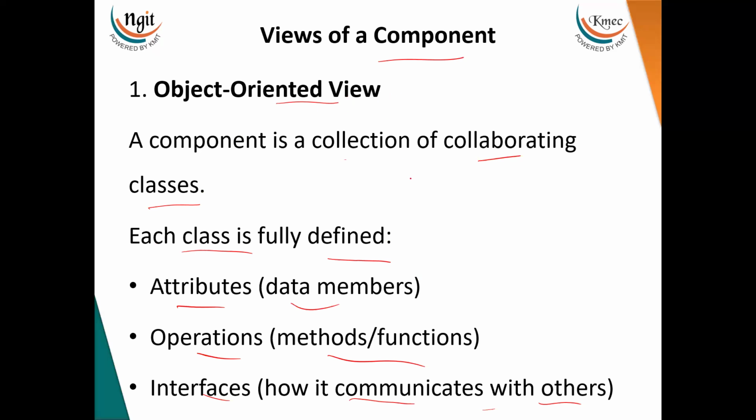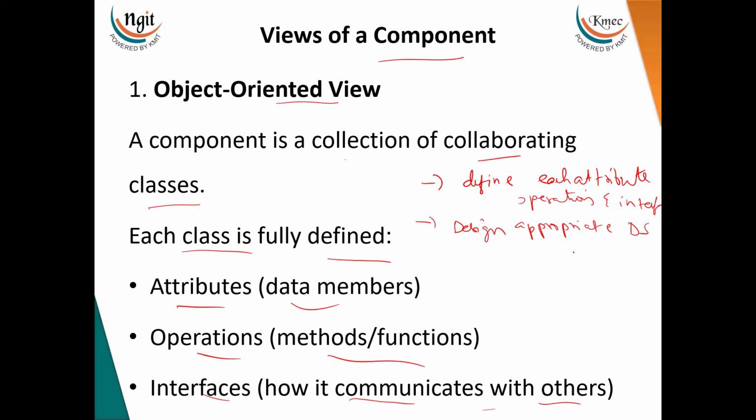Let me specify this. We define each attribute, operation, and interface, and then we design appropriate data structures for the attributes, that is your data members, and then we design the algorithms for various operations, right?